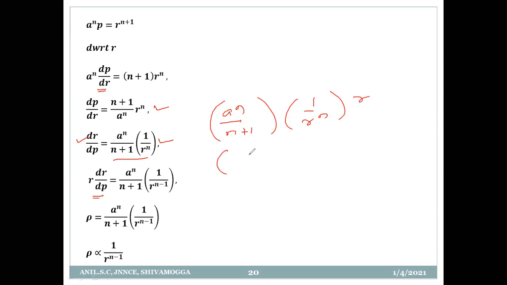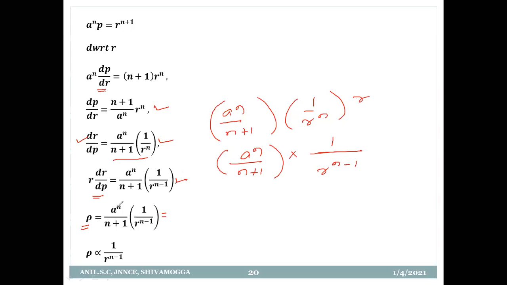Keep a power n divided by n plus 1 as it is, into 1 divided by r power n divided by r, which can be written as 1 divided by r power n minus 1. And r into dr by dp is denoted by rho. So rho is a power n divided by n plus 1 into 1 divided by r power n minus 1.